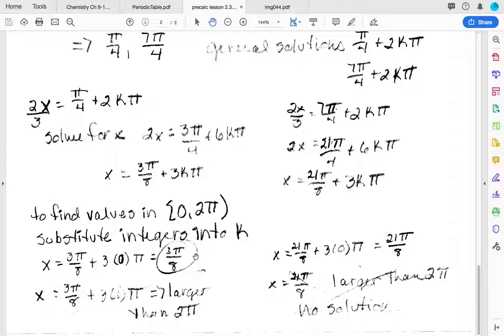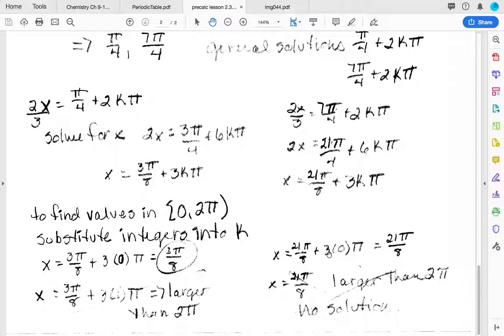My next possible option would be if I use the next angle up, which would be adding 3 pi. But notice if I add 3 pi, I'm already larger than 2 pi, so this angle will not work within my 0 to 2 pi range. Likewise, on the right side, I have x equals 21 pi over 8.